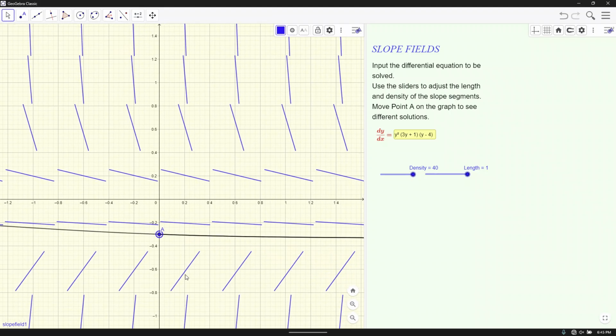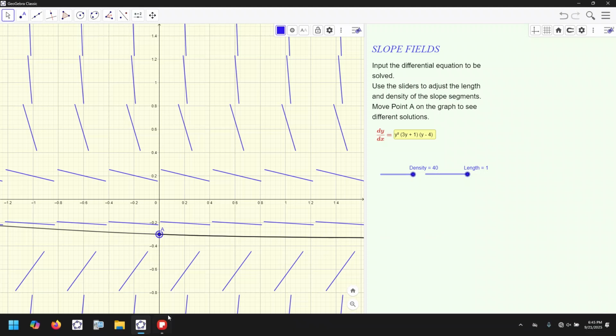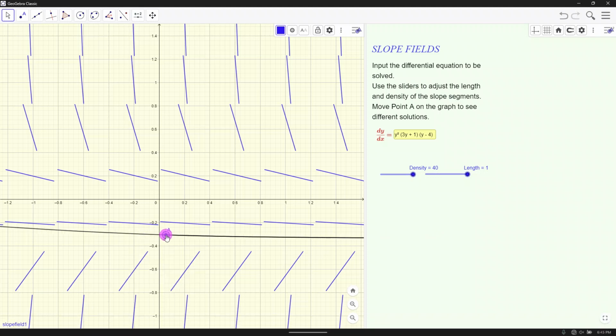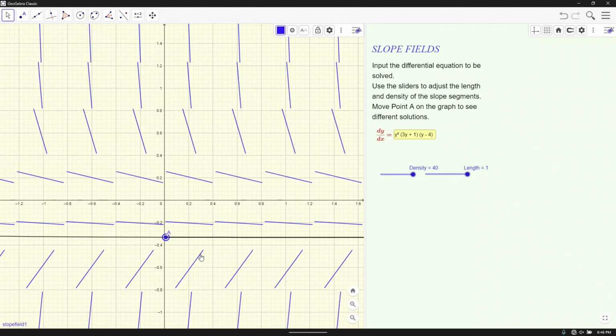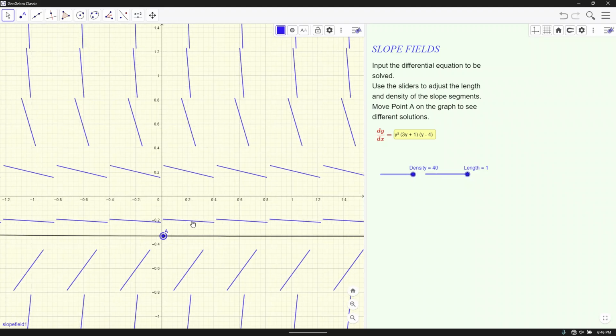They go down above it and they go up below, so they converge to this horizontal asymptote. Again, it's kind of hard to see. Okay, here it is. Here we have it. Finally, that's a horizontal asymptote, sort of. However, again, they both converge.